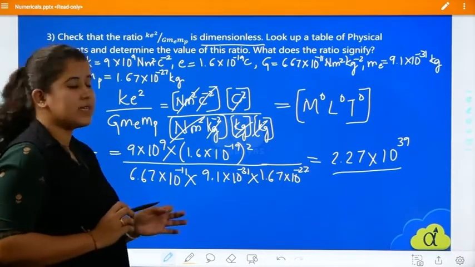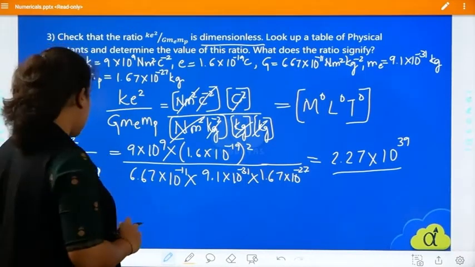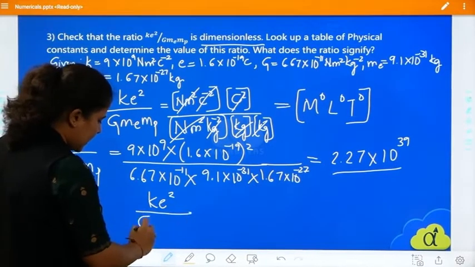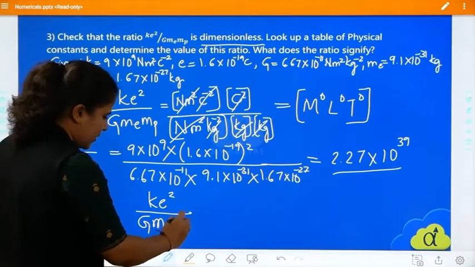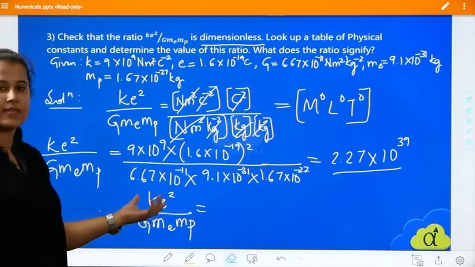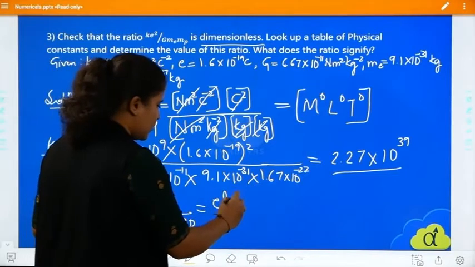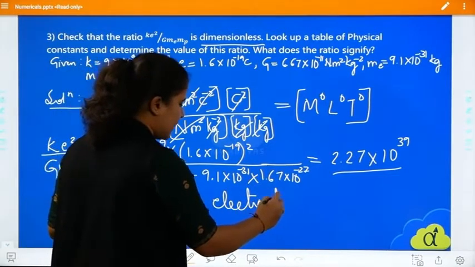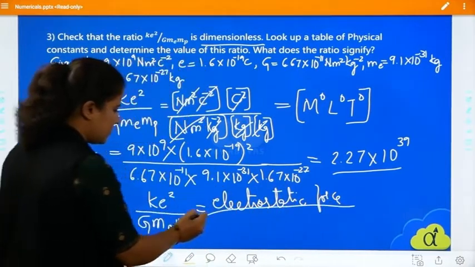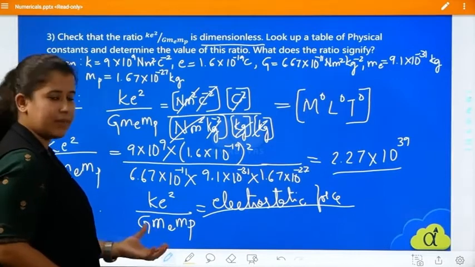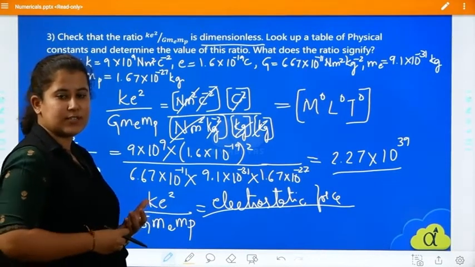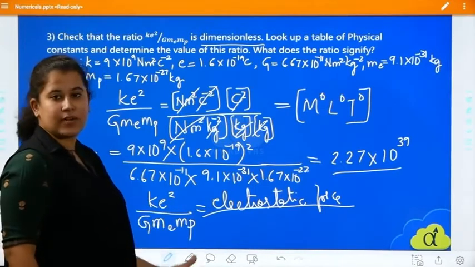And then what does the ratio signify? Here you can just concentrate: it is Ke square divided by G, Me, Mp, right? In the numerator, it is an electrostatic force, right? And what about the denominator? It is G, Me, Mp. G is the gravitational constant, between the mass of the electron and the mass of the proton.